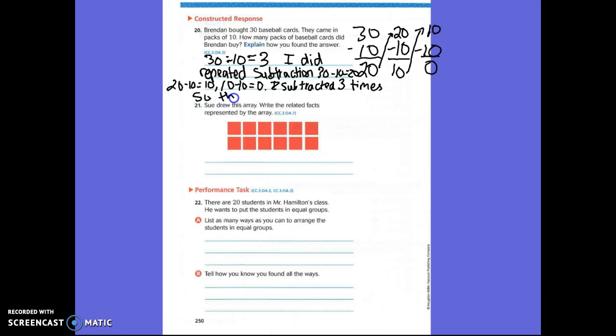So 3 is my quotient. We'll write that after I spell it correctly like I want.